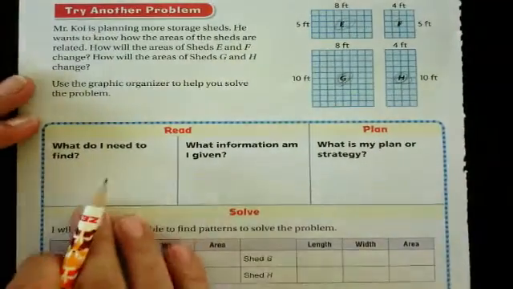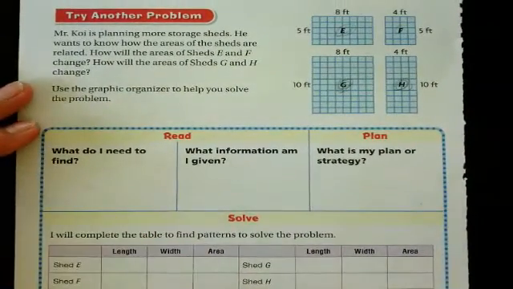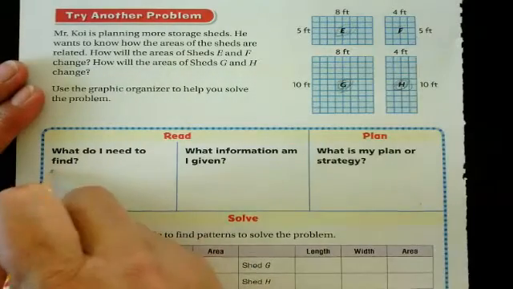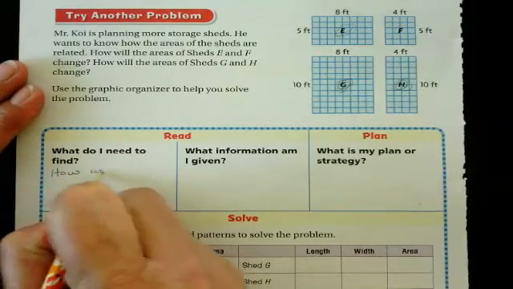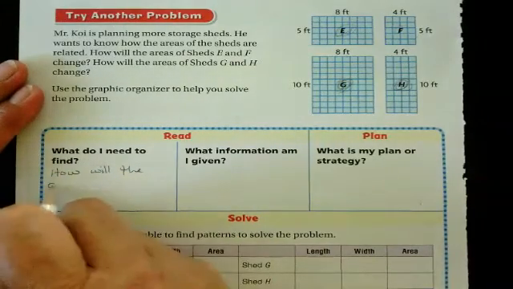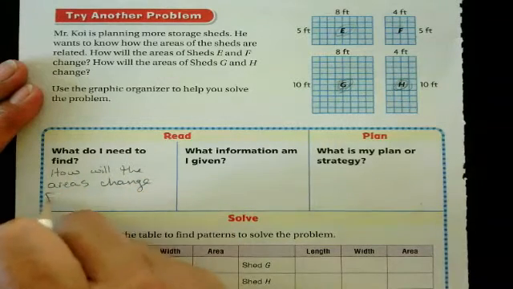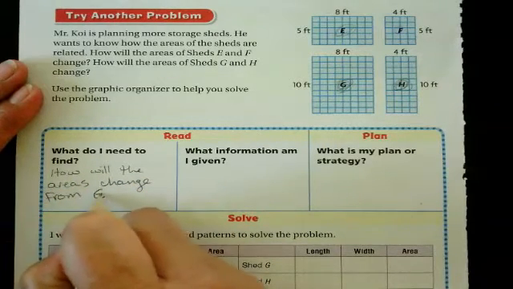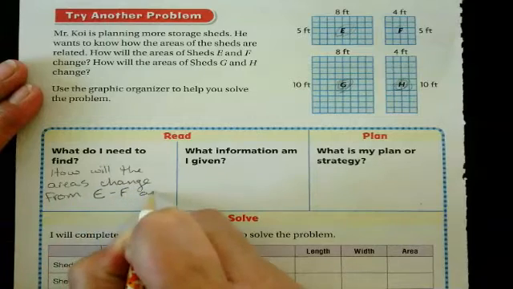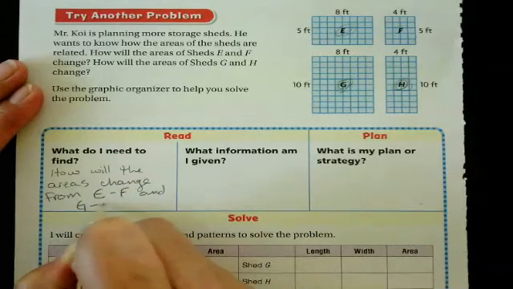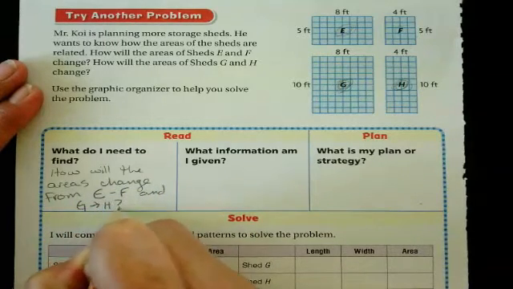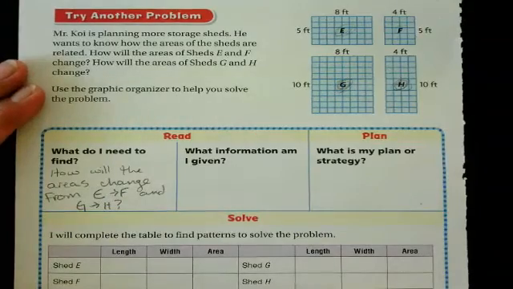It says, what do I need to find? Well, I need to find how the areas will change. So how will the areas change from E to F and G to H? That's what I need to find.